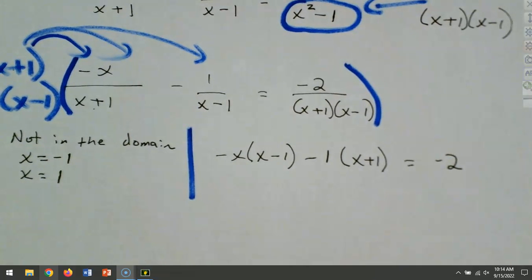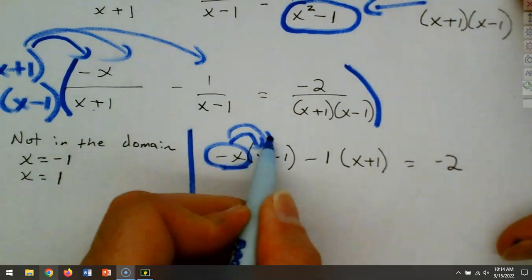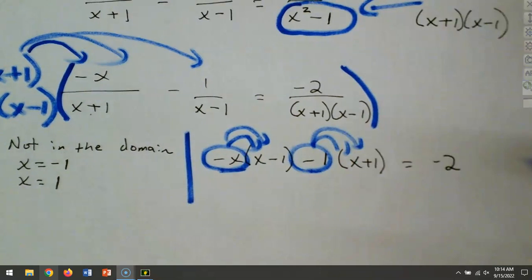They take a little bit of time to go through, and there's a step-by-step procedure that we use. Distribute through. Let's see what we've got.